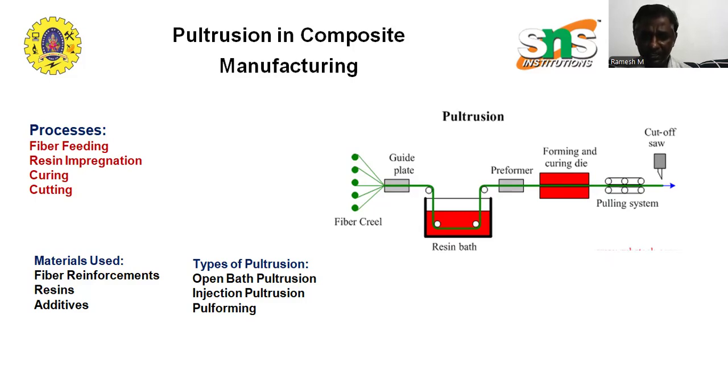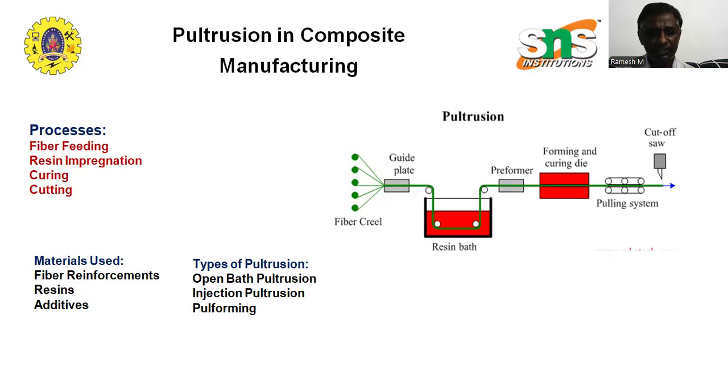Then the impregnated fibers are guided through the preforming guide and subsequently pulled into a heated die, which shapes and cures the resin impregnated fibers into a solid composite profile. This method is ideal for producing long parts with uniform cross section and high mechanical properties.